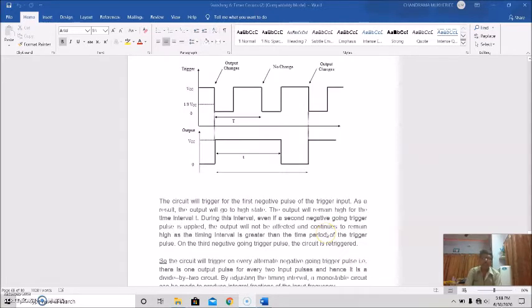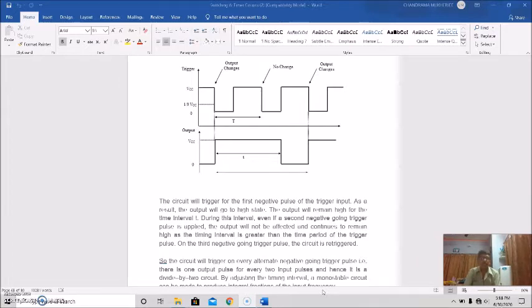So the circuit will trigger for the first negative pulse of the trigger input, and as a result the output will go to high state, and the output will remain high for the time interval T. During this interval, even if a second negative going trigger pulse is applied, the output will not be affected, since it is a monostable, and it continues to remain high as the timing interval is greater than the period of the trigger pulse.